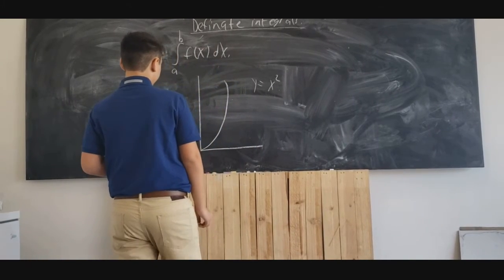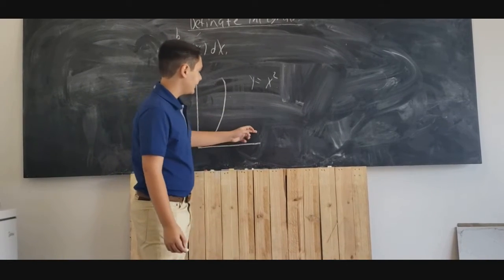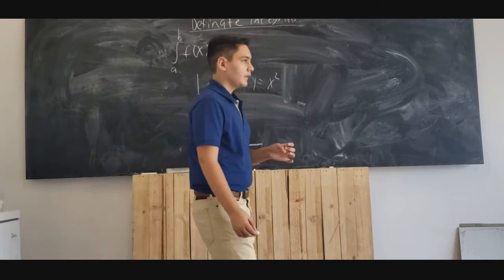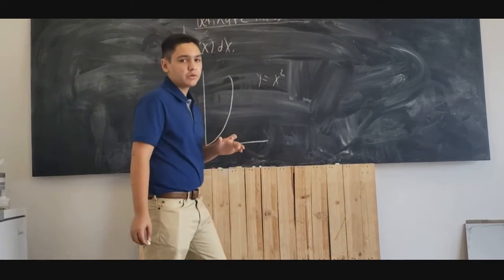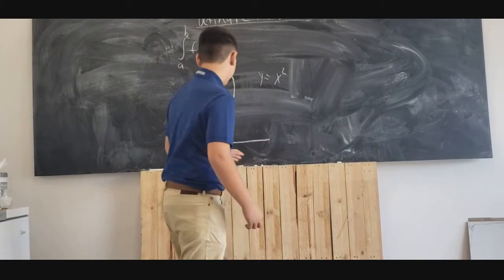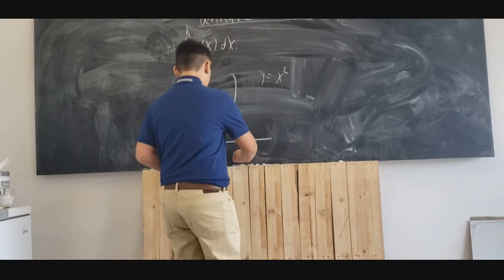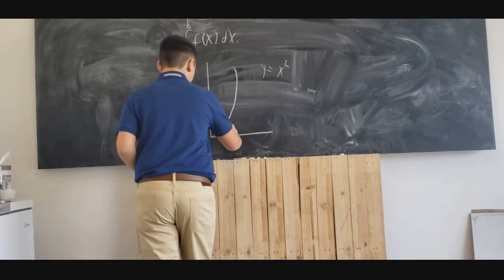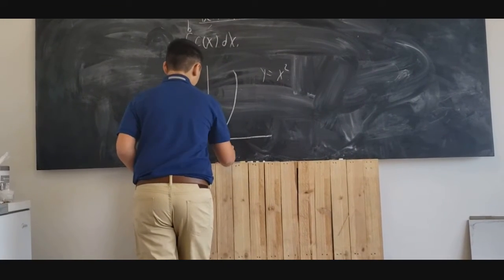Alright. So with a normal integral, you'd find the area under this curve, but there wouldn't be an end. But with a definite integral, you'll get an actual value. So you're not integrating from whatever, you're integrating from specific points. Let's say you're integrating from right here. Let's call this point A, and A is equal to 1.